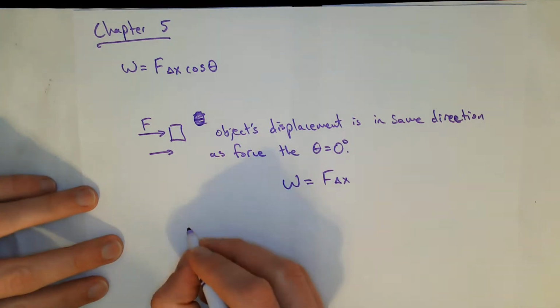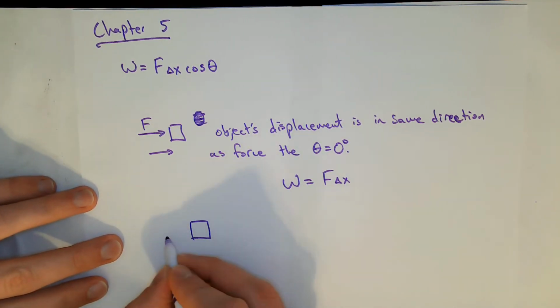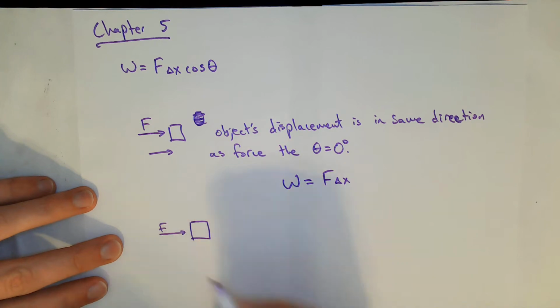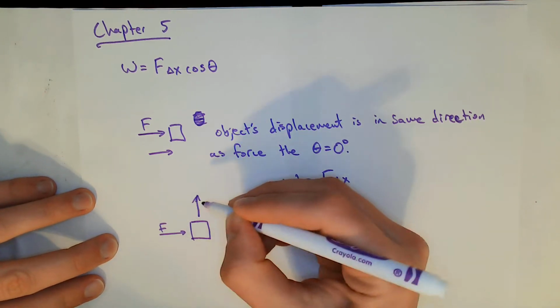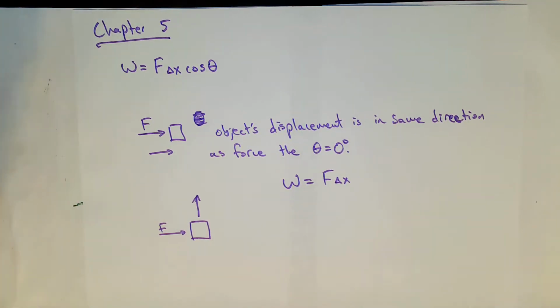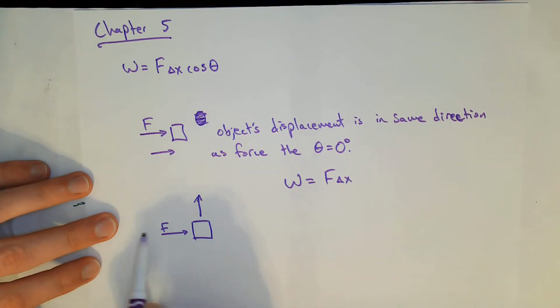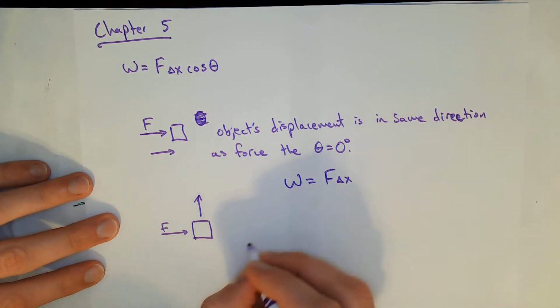Now if I have some force pushing this way, but for whatever reason that force is not moving the object, and maybe the object is moving up like this due to some other force, then this force is doing no work.